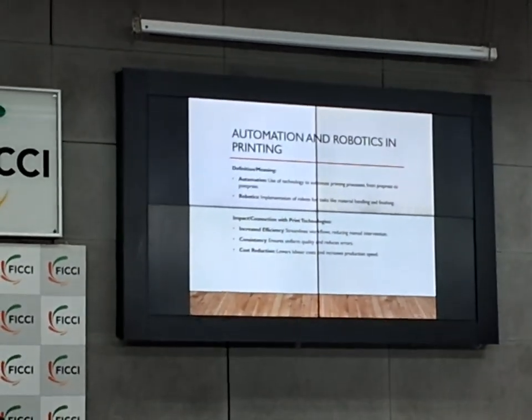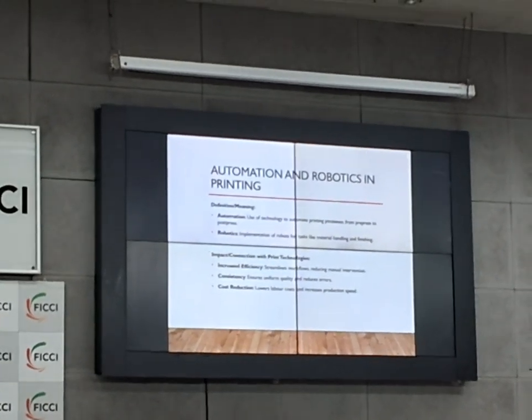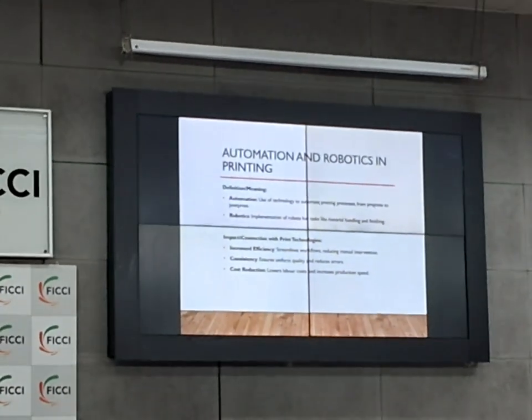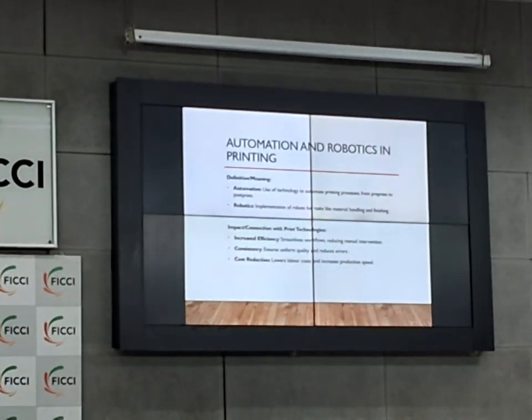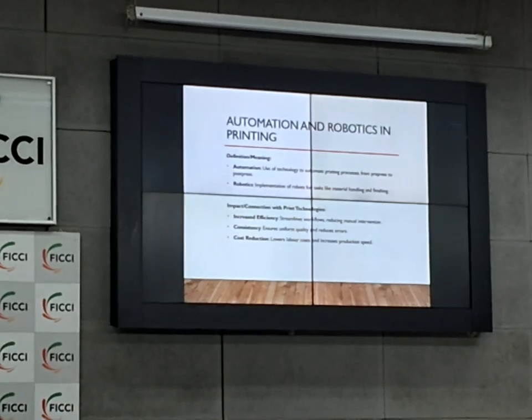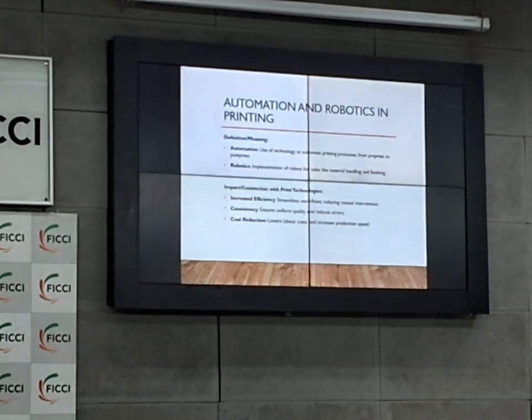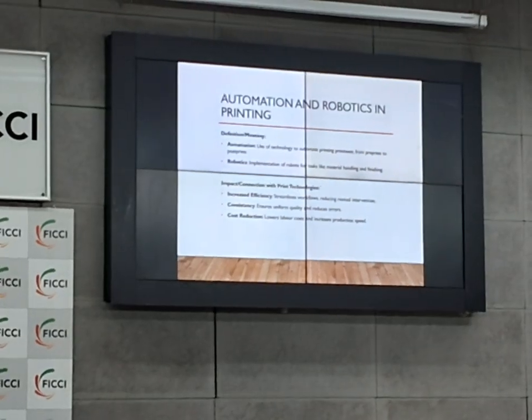So this is another aspect of printing and publishing: automation and robotics in printing. Automation is the use of technology to automate the printing process from pre-press to post-press. So there are various automation processes, especially in quality control in printing.